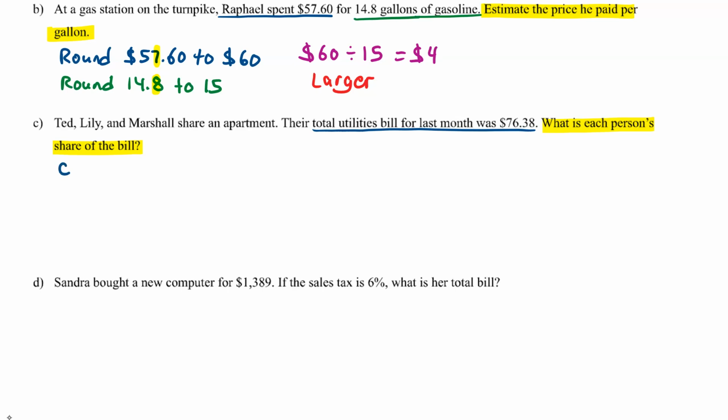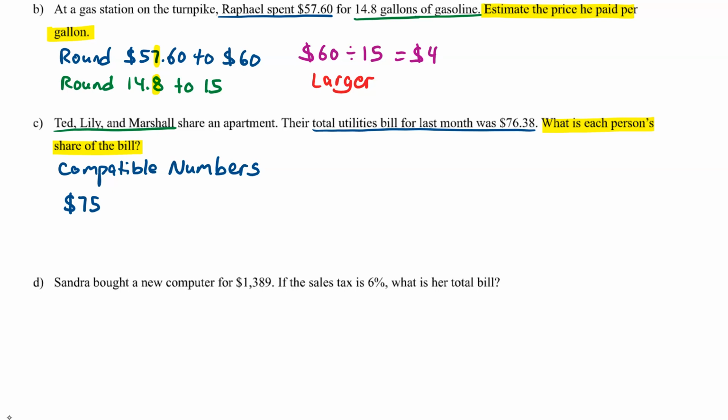So we could use compatible numbers here. And if we're choosing a convenient number close to $76.38, we could choose $75. That's a pretty convenient number, especially given the fact that we're looking at Ted, Lily, and Marshall, so that is 3 people.